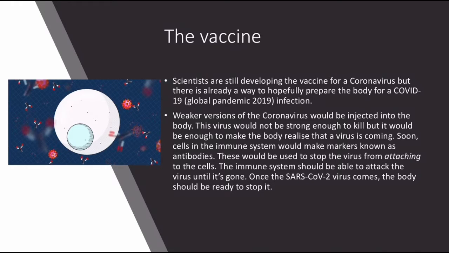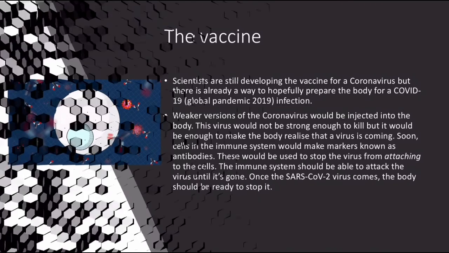So soon, cells in the immune system would make markers known as antibodies. These would be used to stop the virus from attaching to the cells. The immune system should be able to attack the virus until it's gone. So that means once this SARS-CoV-2 virus comes, the body should be ready to stop it. Hopefully.